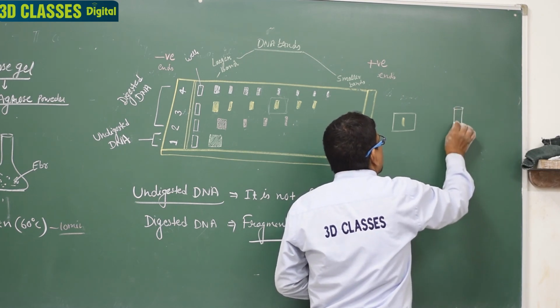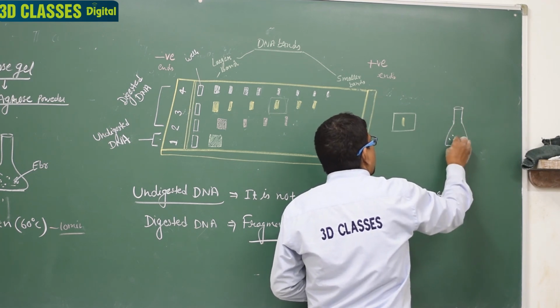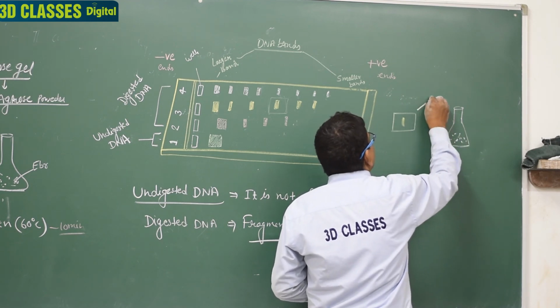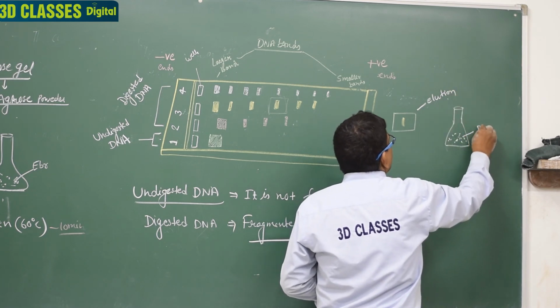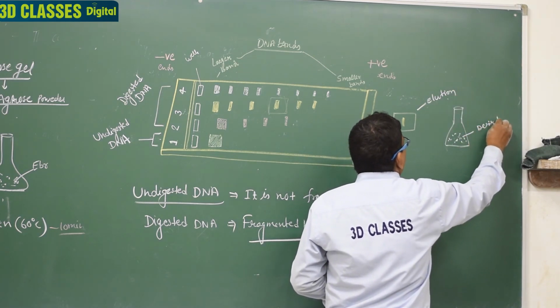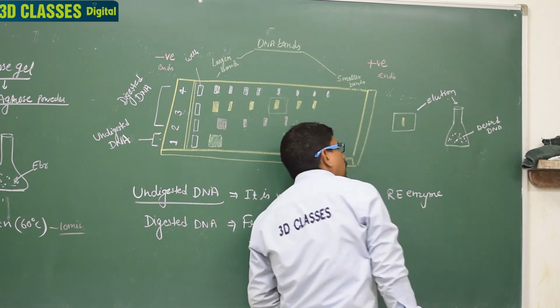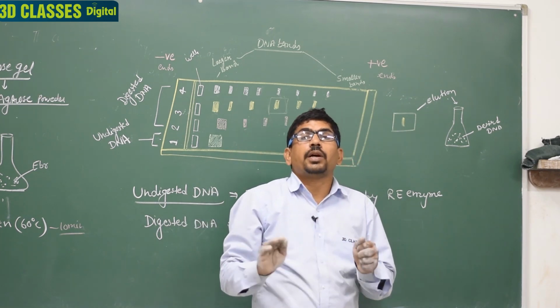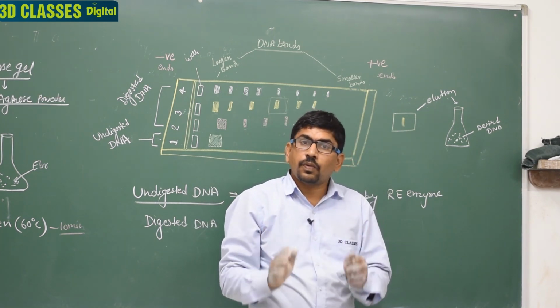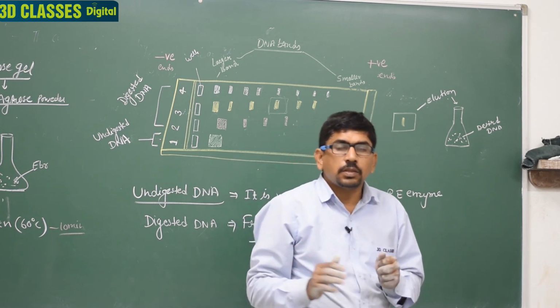We extract the DNA from this band, and that process is known as elution. Clear? It is the desired DNA. So that completes electrophoresis. Okay, I hope you understand very well. So please note it.